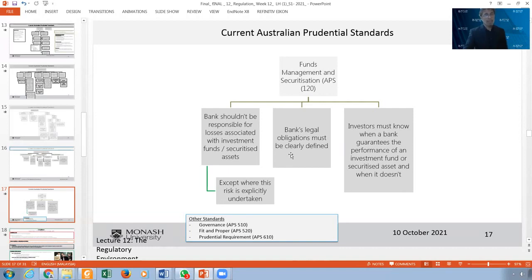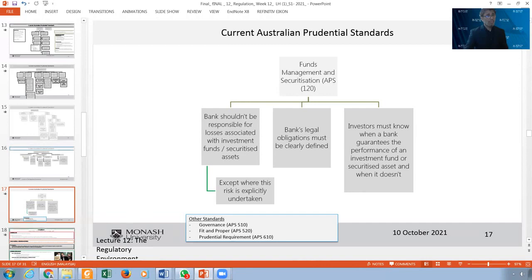No, it's not the bank. It is the special purpose vehicle who now buys the loans and starts to sell them. Bank level obligations must be clearly defined when they run what we call funds for others, or when they have this securitization issue.